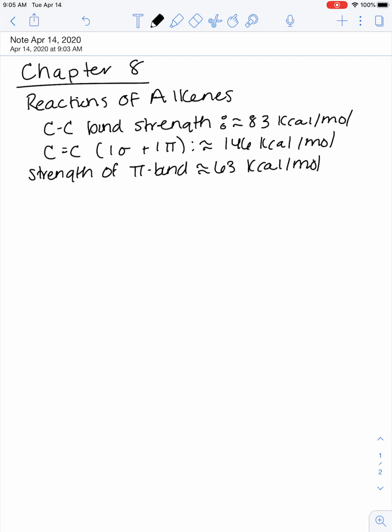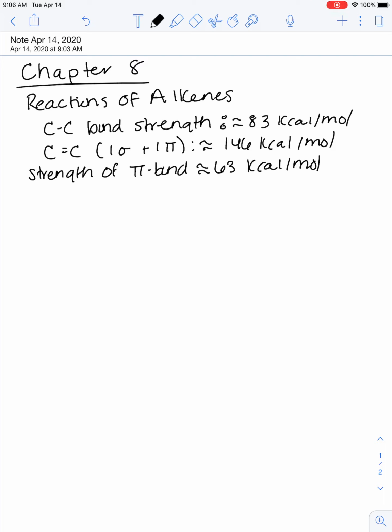Because single bonds are more stable than pi bonds, most common reactions of double bonds transform the pi bond to a sigma bond. So we looked at the bond strength in a previous chapter. When we look at a carbon sigma carbon bond, the bond strength is approximately 83 kilocalories per mole.